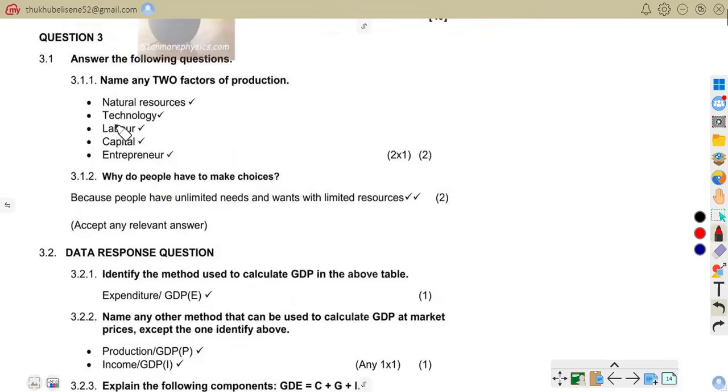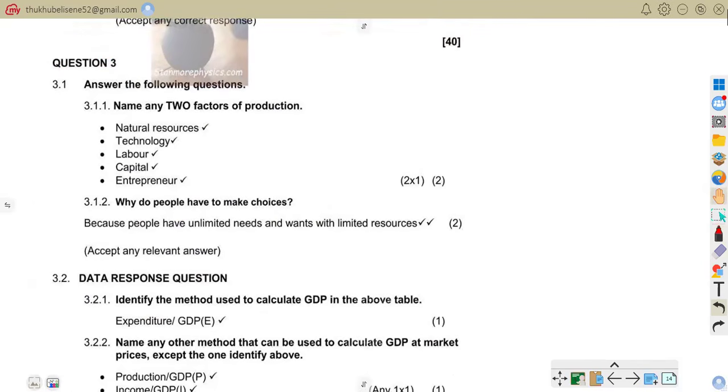Here we are to answers for question 3. So here we have natural resources, technology, labor, capital, as well as entrepreneur as our factors of production. When we talk of natural resources, we are talking about resources provided by nature, like land for farming. With technology, tools and machines used in production.